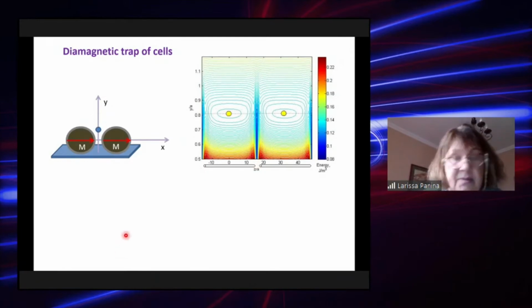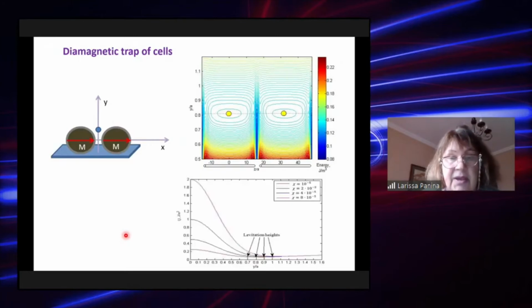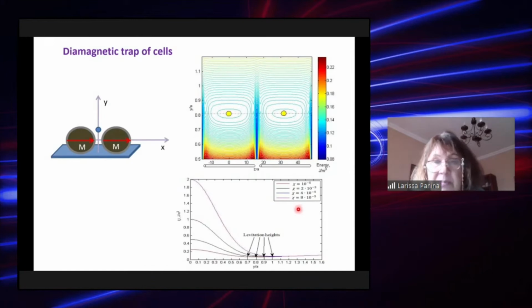That could be calculated. And in fact, for this diamagnetic case, when we increase the diamagnetic susceptibility by an order of magnitude, from 10 to minus 5 to 10 to minus 4, we have a slight increase in the height, but it is still around the radius.